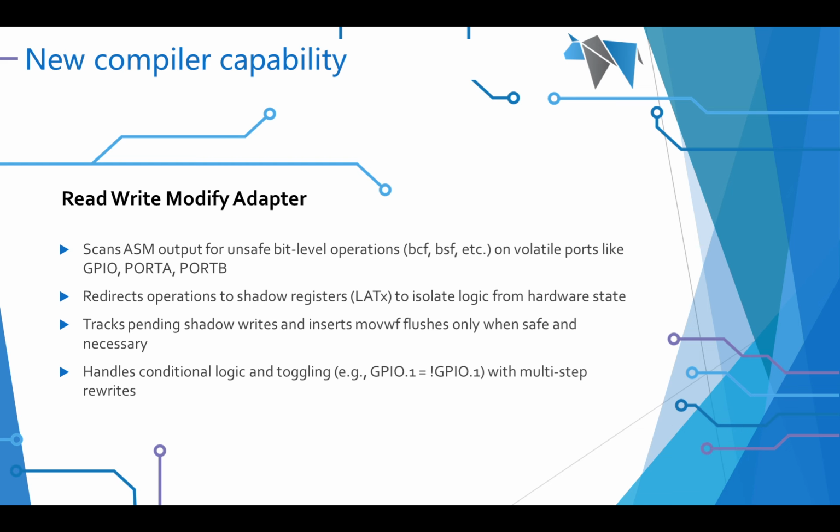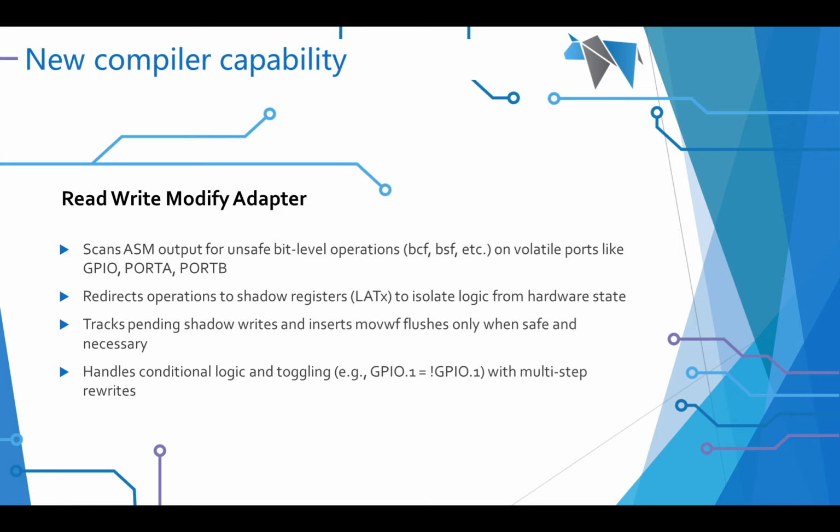So what I've done on my third attempt, because it's taken a lot, is I've written an adapter. It's within the compiler. You have to turn it on, but it's a new adapter, and it scans the assembly that's been generated for bit level operations like BCF or BSF.